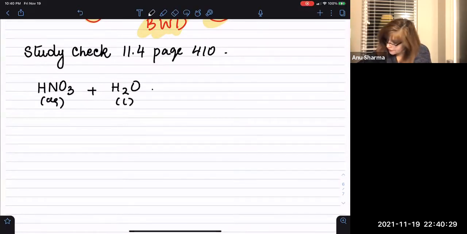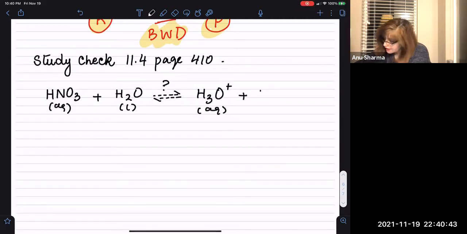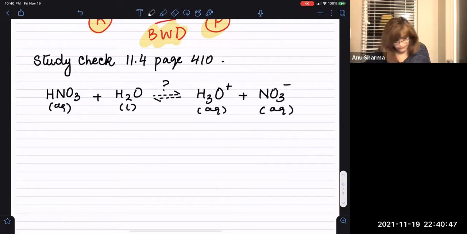And we need to find what is the direction of the equilibrium, forward or backward. This gives you the hydronium ion, aqueous, and nitrate ion, NO3 1 negative, aqueous.